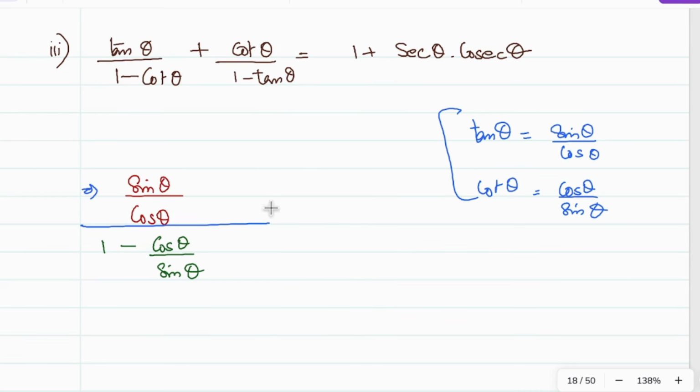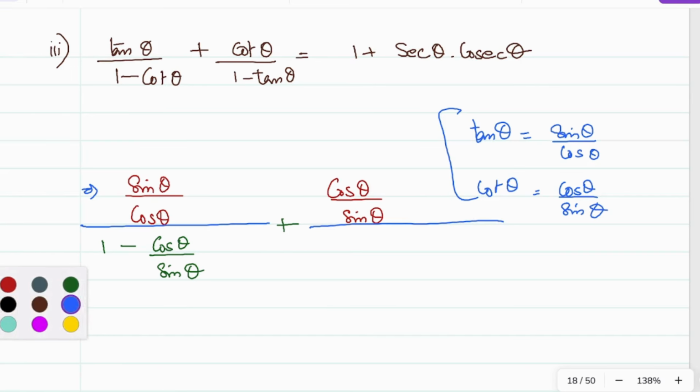Then plus cotθ divided by 1 minus tanθ. Therefore cotθ can be written as cosθ divided by sinθ, divided by 1 minus tanθ, and tanθ is sinθ by cosθ.